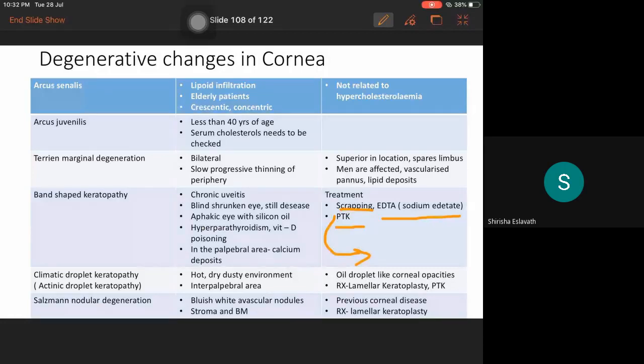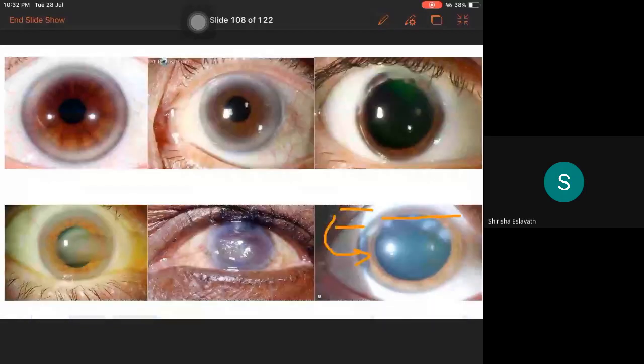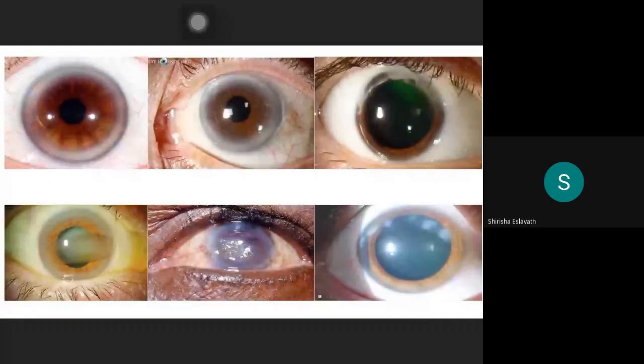Then you have the fifth one, climatic droplet keratopathy or actinic droplet keratopathy. You see this in hot, humid, dry conditions, in elderly patients who have poor hygiene. When you look at the cornea, you will see oil droplet-like deposits.